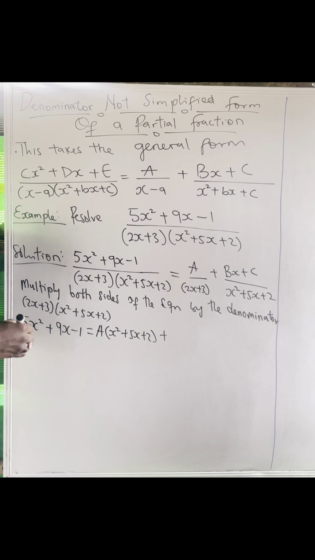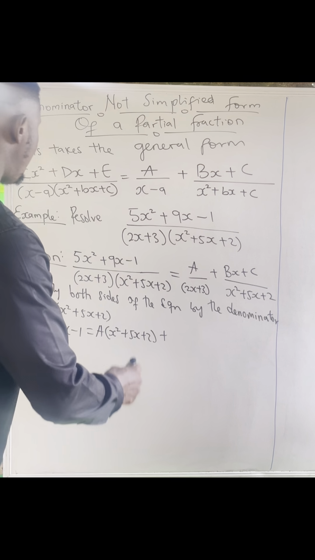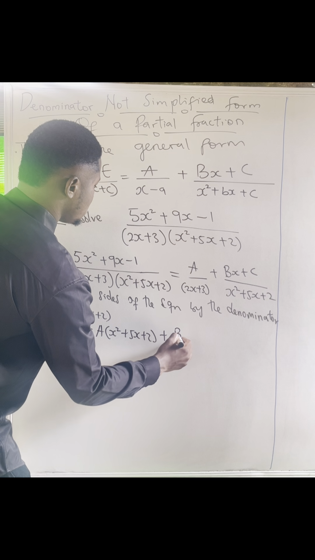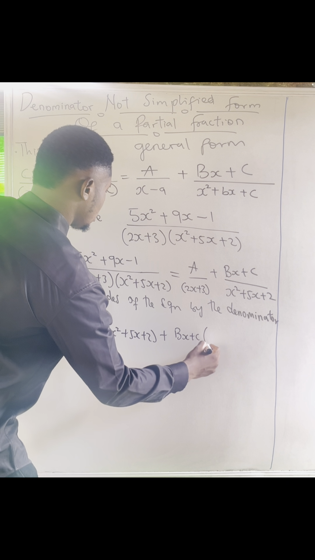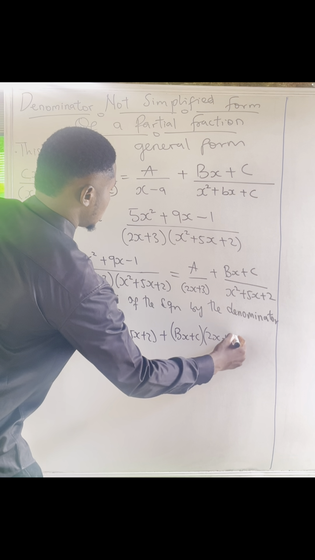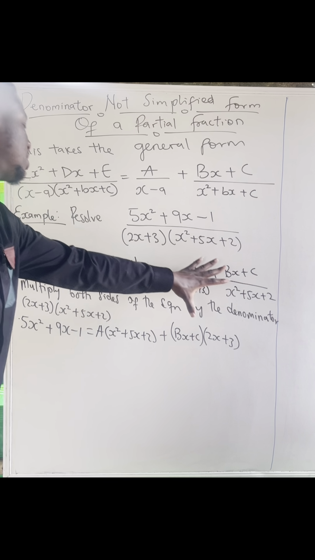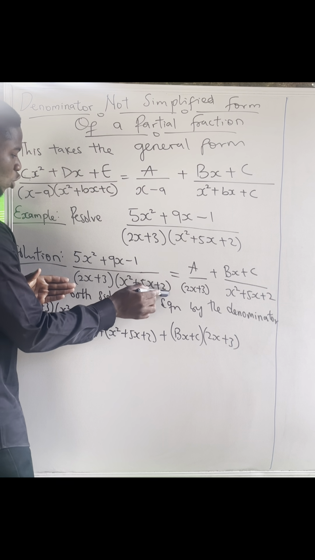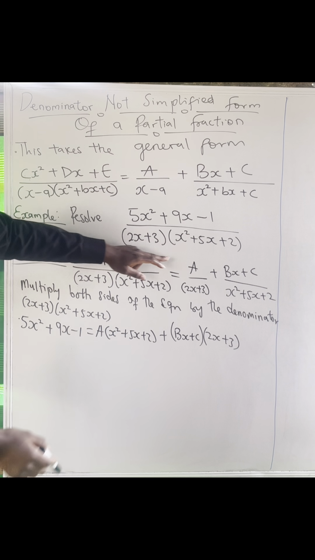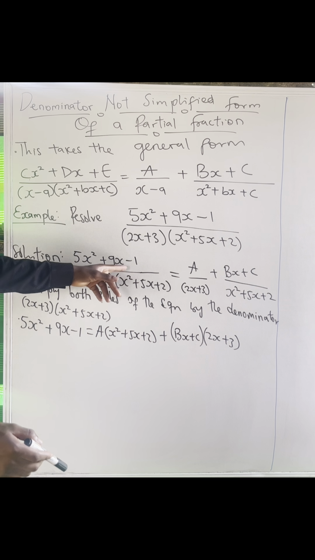Plus, if I should multiply this bx plus c over x squared plus 5x plus 2 by this denominator again, it will also remain bx plus c times 2x plus 3. So that is how we are going to do it. After we've written this, we multiply both sides of this equation by this denominator. If I multiply this by this denominator, it's going to cancel out and it's going to remain this.